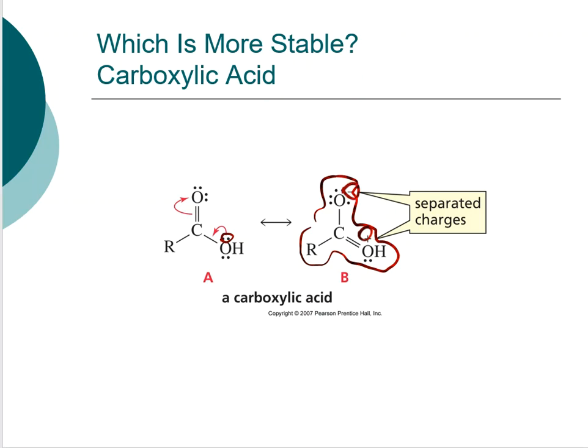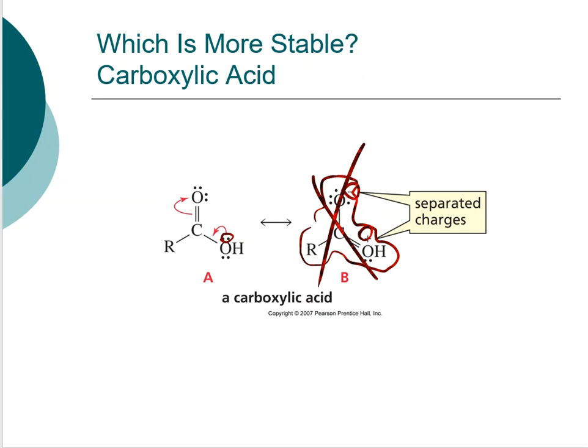Notice that these separated charges are on the molecule. So the question is always, which one of these resonance forms would be more stable than the other? If you see these positives and these negatives, folks, no. Those are not stable. Those full-blown positives and full-blown negatives do crazy things when it concerns the chemical structure of these compounds.